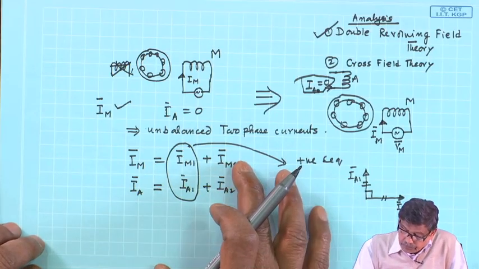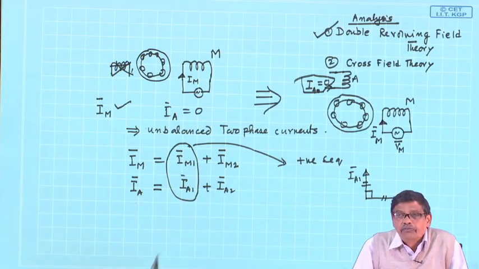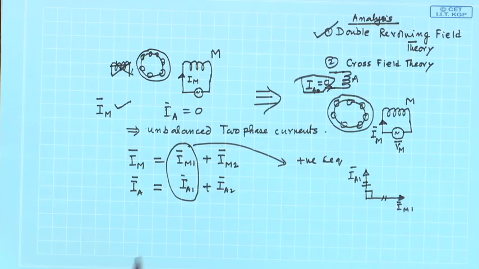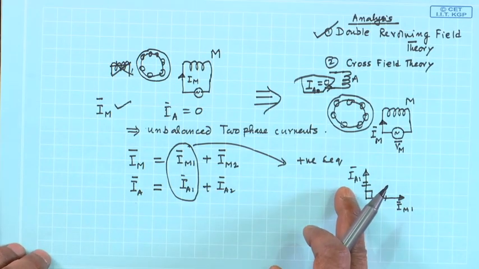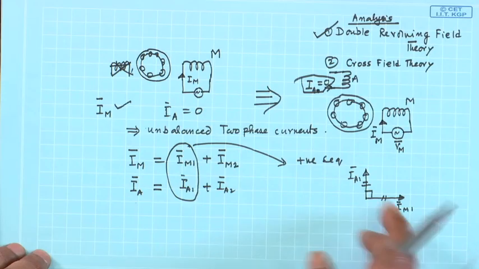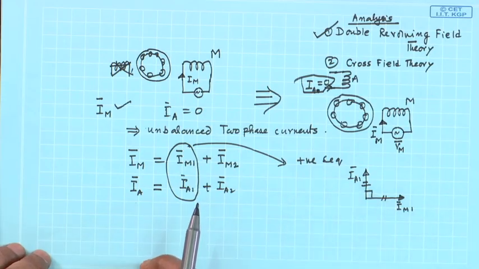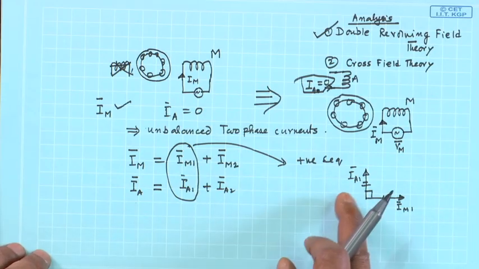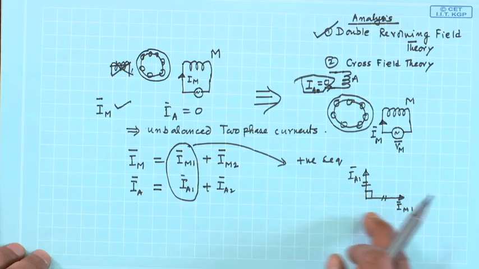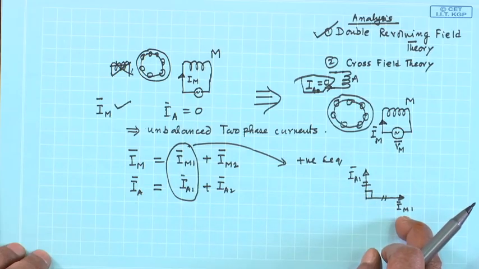So, I m 1 and I A 1 form a balanced two phase system. Similarly, I m 2 and I A 2 will form another balanced two phase system, but the phase sequence in this case is reversed: the auxiliary winding current will be lagging the main winding current now.